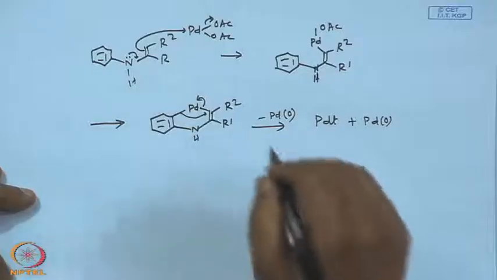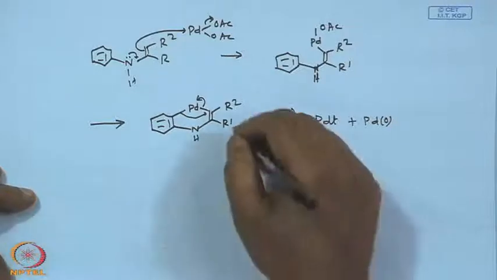Long back we had a similar problem, we could not solve it. Maybe in a few months' time we will again take up this very similar problem, the only thing being that R1 and R2 were members of a cycle.